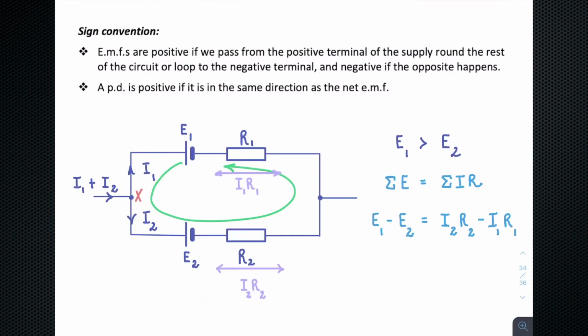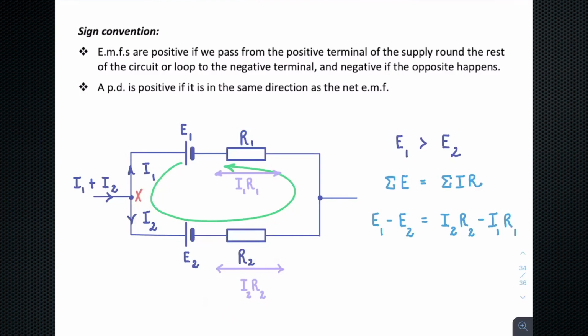By looking at the current direction through each component, we can see, for instance, that I2 is in the same direction as the way we've decided to flow around the loop. In other words, it matches the green arrow. Hence, I2R2 is a positive PD.